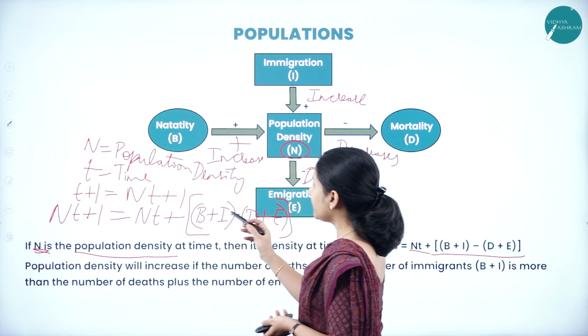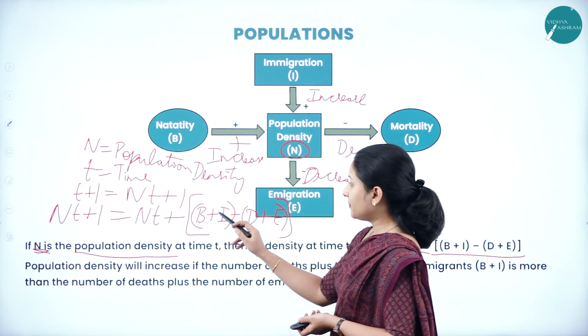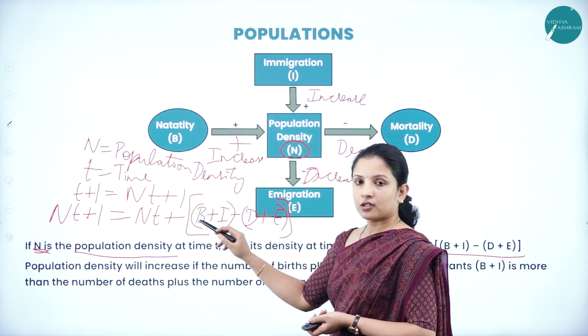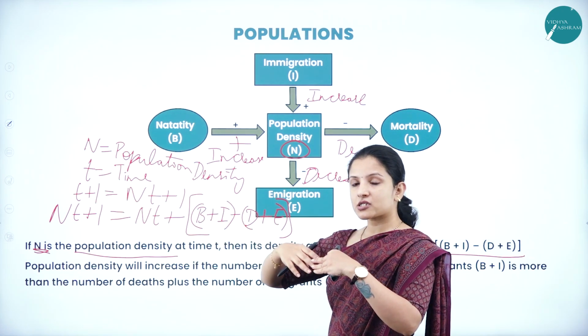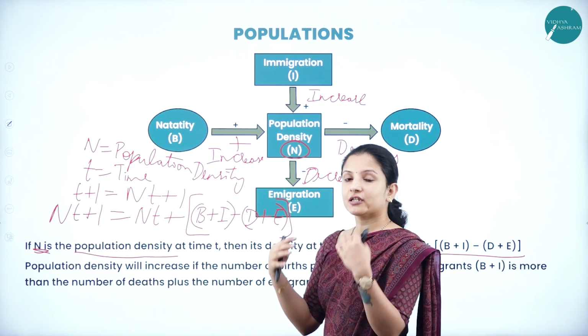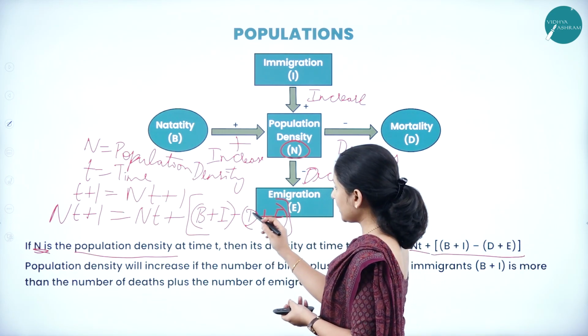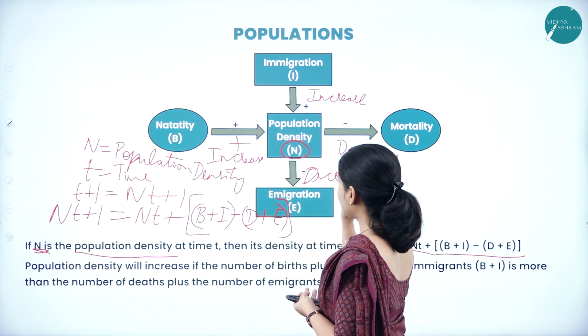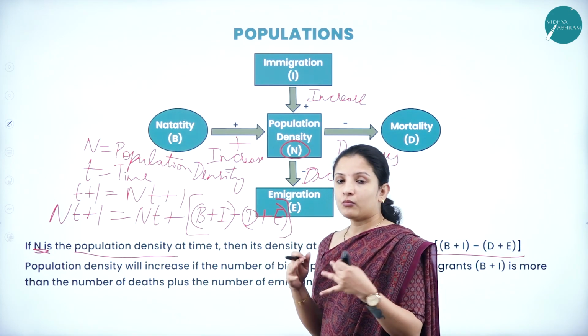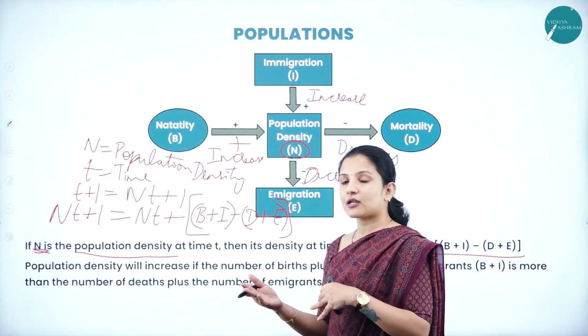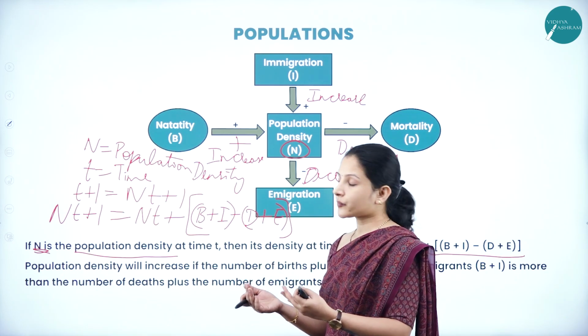Plus B. B is natality rate, plus immigration. Why? Natality and immigration will add on to the population. It will increase the population. Minus D is the mortality, E is the emigration. Mortality, that is death, and emigration will decrease the population.